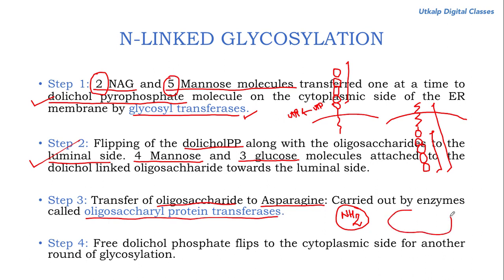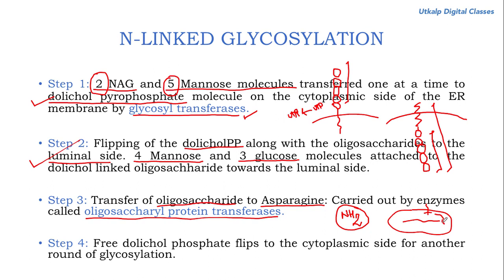So proteins present in the ER lumen, and towards the luminal side, this dolicol along with its oligosaccharide chain is present. Now the oligosaccharide chain is going to be cleaved off from the dolicol molecule, and this chain is going to go to the protein molecule.